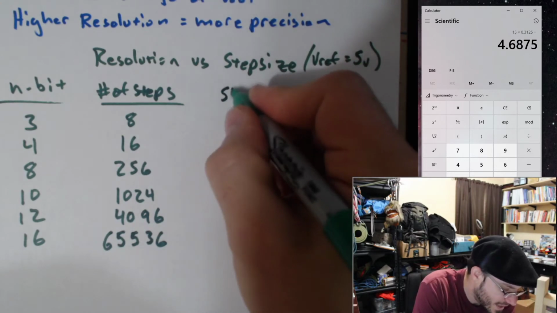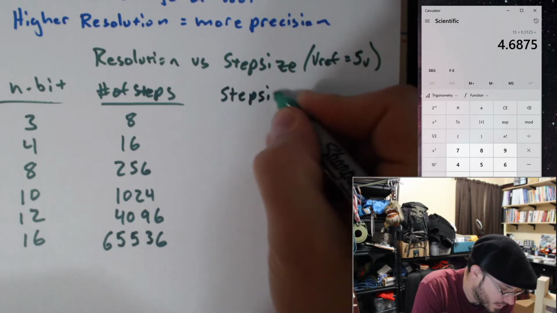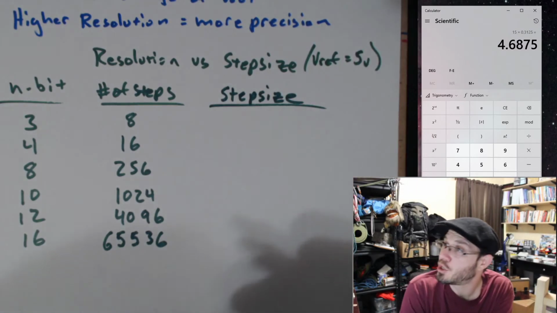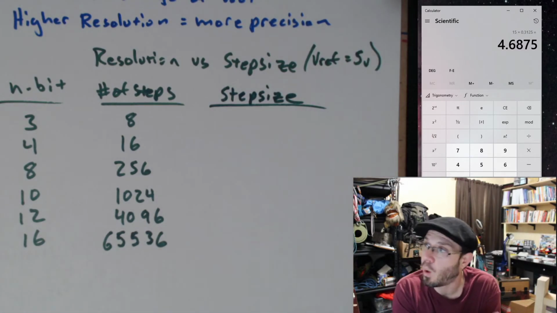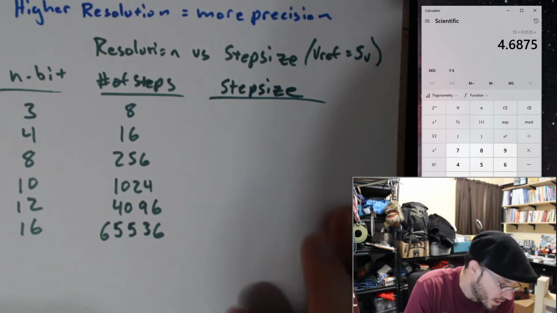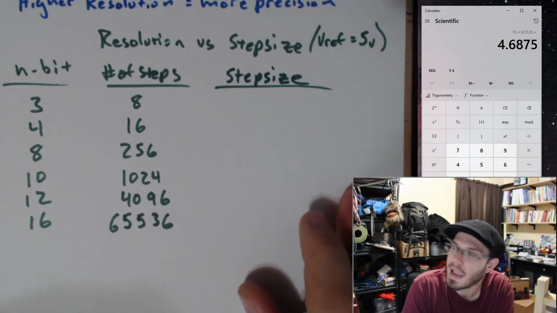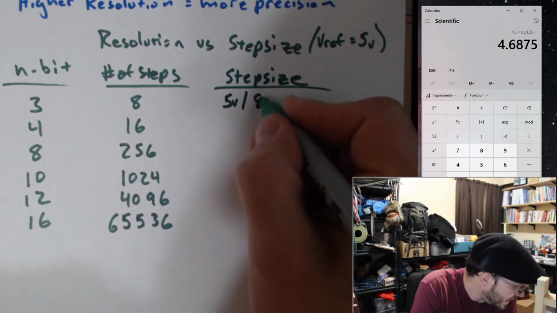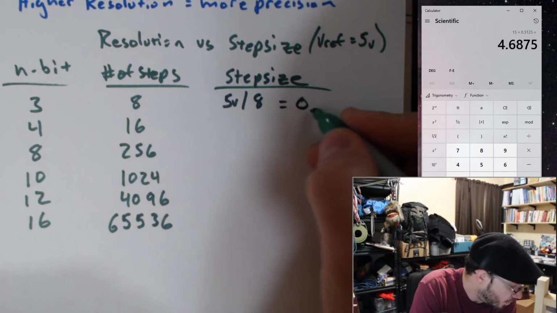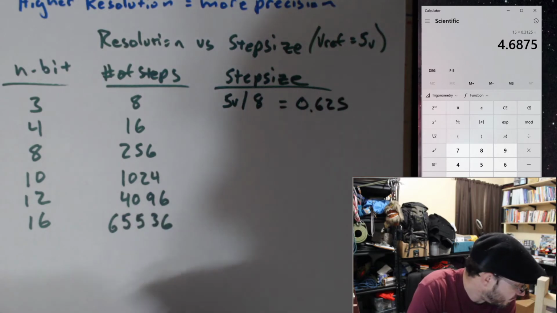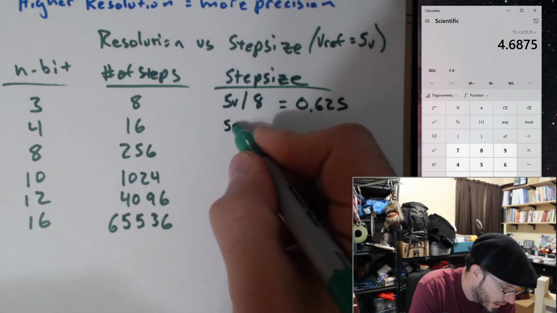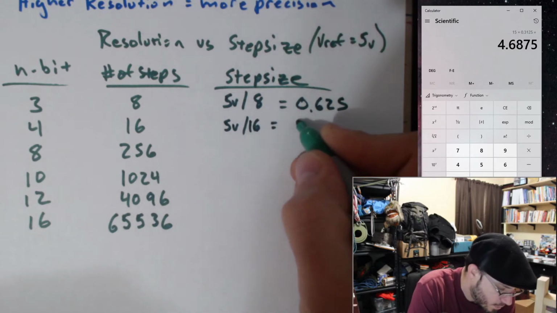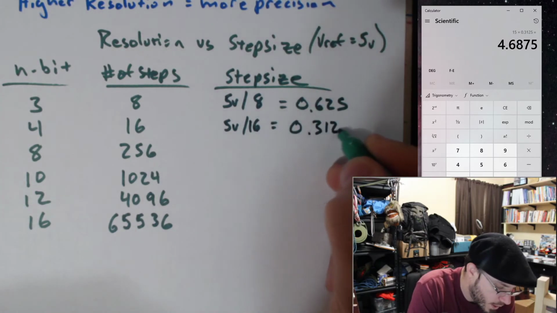Okay, the step size. Remember that this is the smallest change that would be produced by changing that one least significant bit. For a 3-bit, it would be 5 volts divided by 8, or 0.625. For a 4-bit, it would be 0.3125.